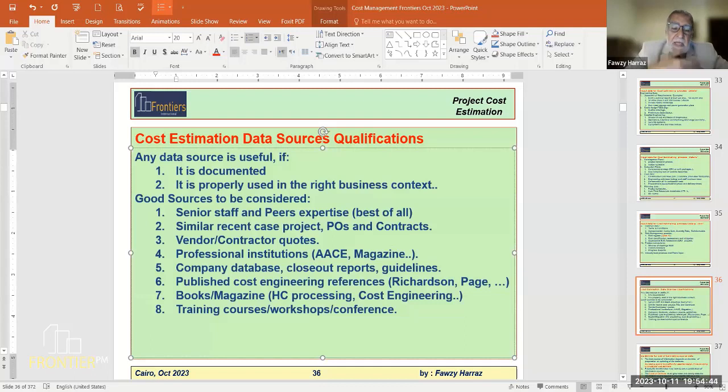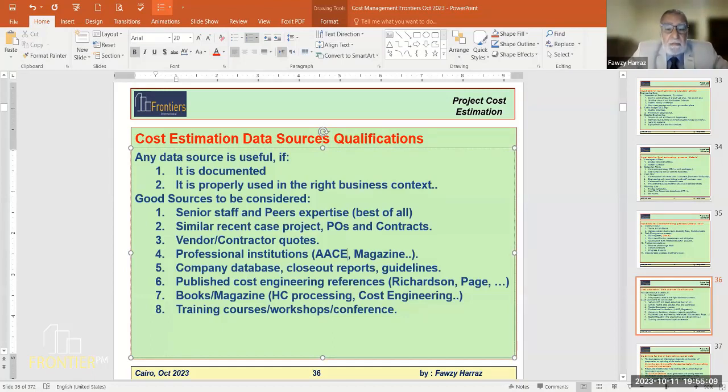There are magazines actually. There is Cost Engineering, and there are many other magazines that provide cost engineering information from time to time. There is Hydrocarbon Processing, which gives very valuable information on refinery and process plant project estimates and cost engineering data.